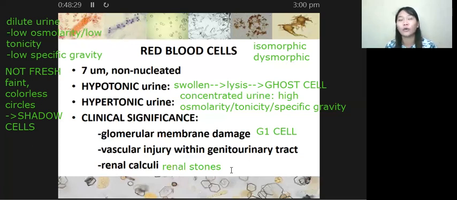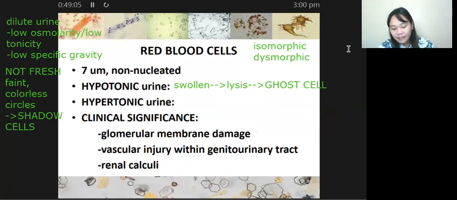Kunwari, tumitingin ka through your microscope, and then may nakita kang mga cells. You are not sure kung RBC ba yan or yeast cells. So ano ang pwede mong gawin? Mag-add ka ng acetic acid. Pag nawala yung mga cells, ibig sabihin RBCs yan. If after the addition of your acetic acid at nandun pa rin yung cells, pwedeng yeast cells yan. So those are the things that we have to remember for your red blood cells.